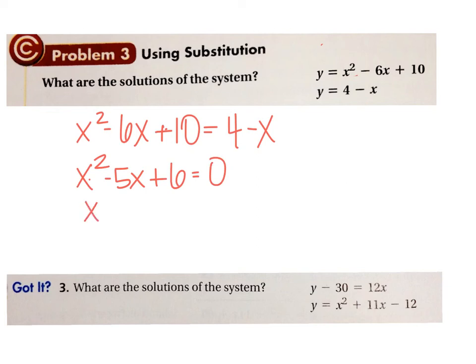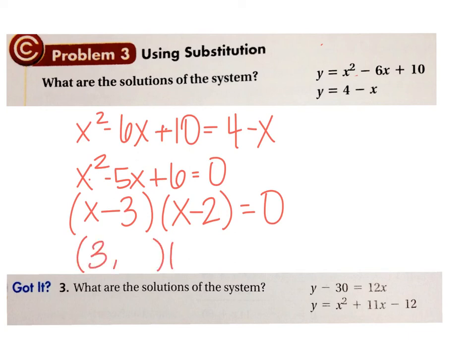Now if I factor, I get, let's do minus 6 and, nope, not 6. I'm going to go minus 3 and minus 2. So my x's are going to be 3, and they could also be 2.